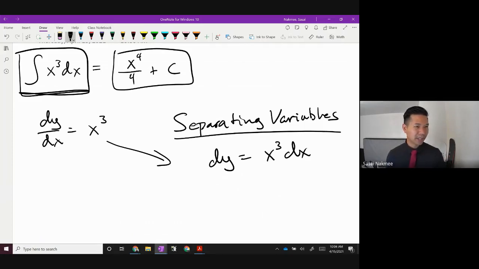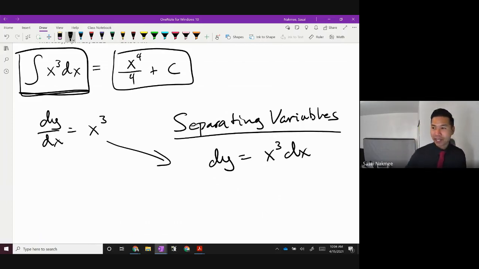I know it seems like they're the same thing, and I agree with you. I thought they were the same thing as well, but they're a little bit different. I know it seems like I'm just making this up, but just trust me on this one. This is how it goes.